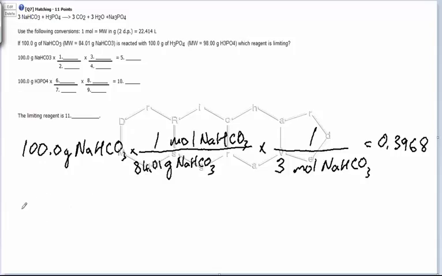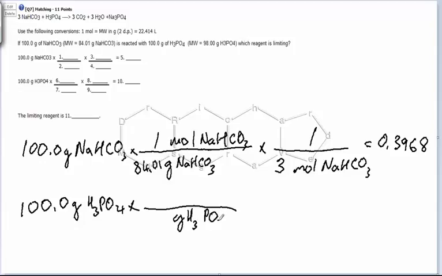Alright, so now we'll do the same to the other one. We've got 100.0 grams of H3PO4 times 1 mole. We'll do grams of H3PO4 first, and we'll put moles of H3PO4 on the bottom. The relationship here is that 1 mole of H3PO4 is equal to 98.00 grams of H3PO4.